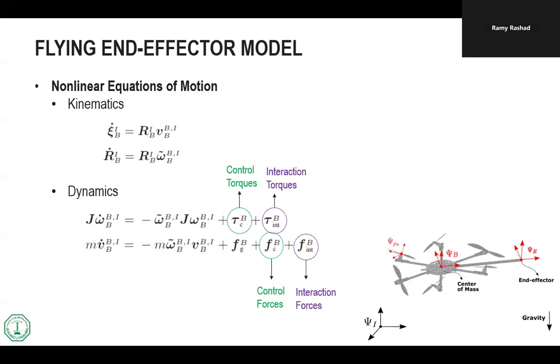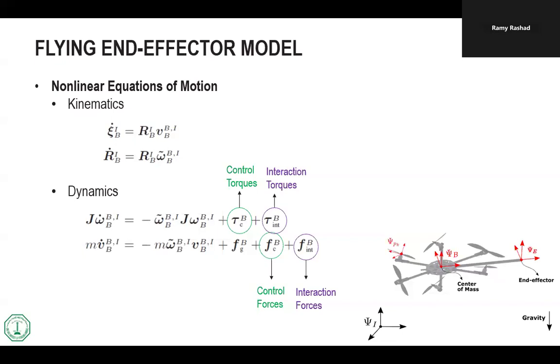Our main focus in this mini course is the flying end-effector, which is a fully actuated hexarotor where we can control all of the 6 propellers to produce in the end a collective wrench. The kinematics part is that the rate of change of position is related to velocity. It's not equal to velocity, and this is the main challenge when working with 3D mechanics.